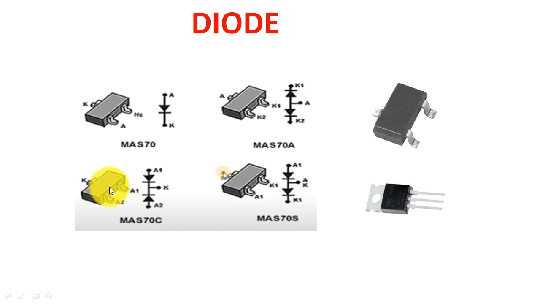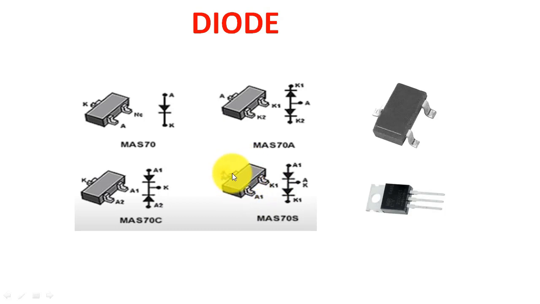So we can say it is a common cathode with two anodes. The anodes will be the same and the cathode is the other. The anode points will pass the same voltage or signal.